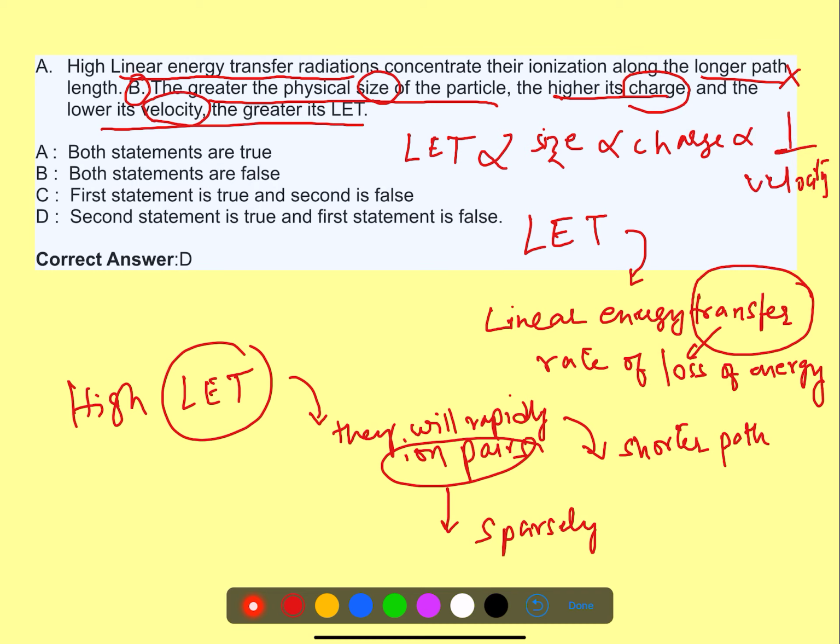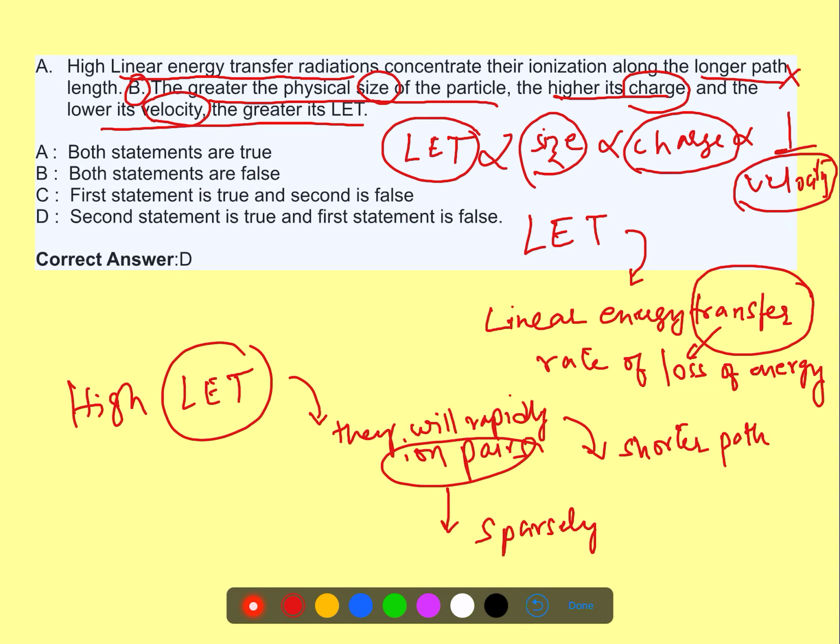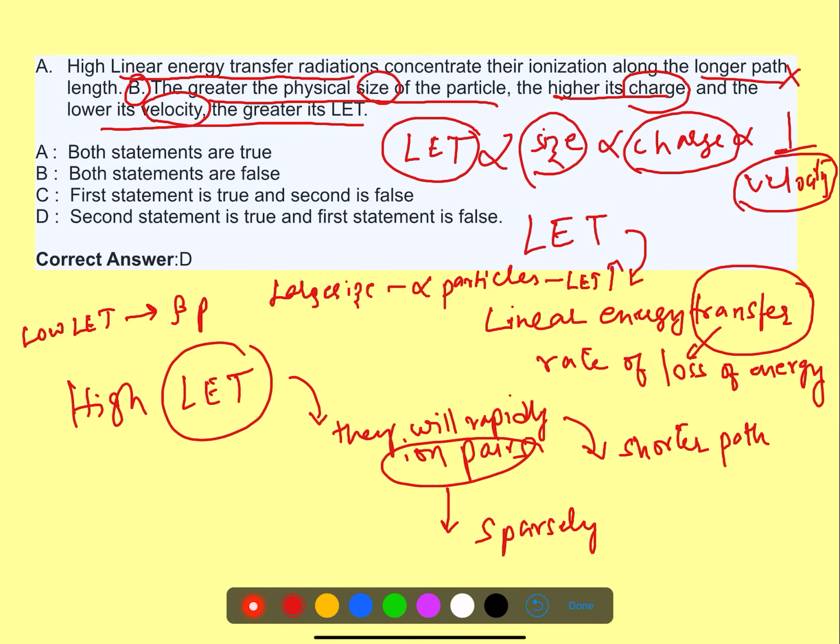So a particle with a large size, high charge and low velocity will have a greater LET. Particles with high LET, that is large size, are alpha particles, whereas low LET is for beta particles.